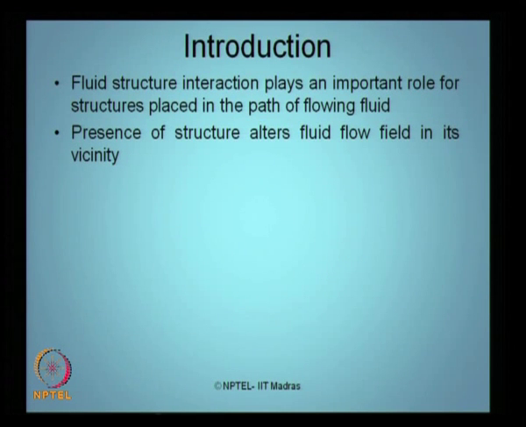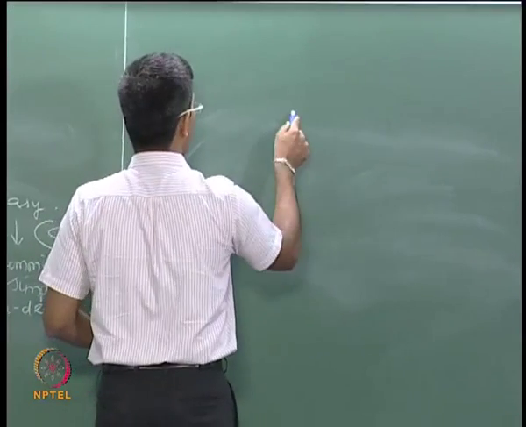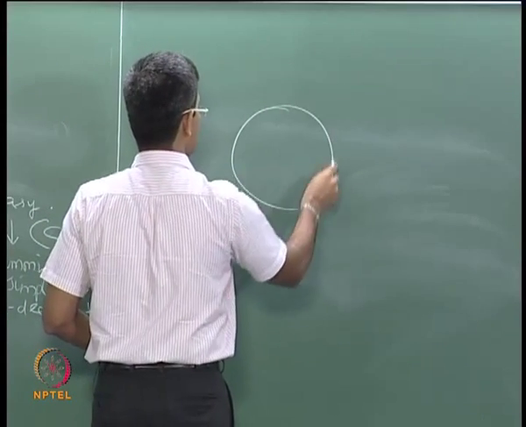The presence of structure essentially alters the fluid flow field in the vicinity of the member, that is very important. So one may wonder how the influence of fluid flow field in the vicinity will affect my dynamic analysis. To understand very briefly, let us say I have a member, I am drawing the plan.